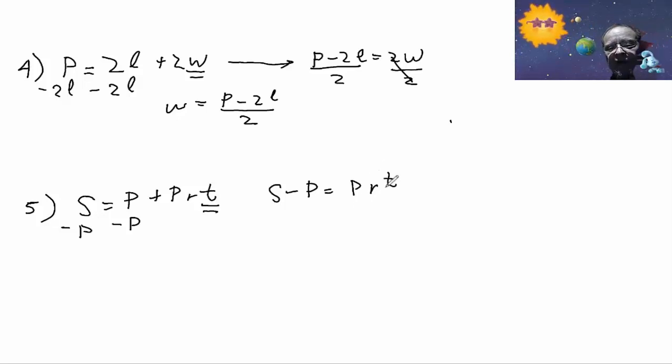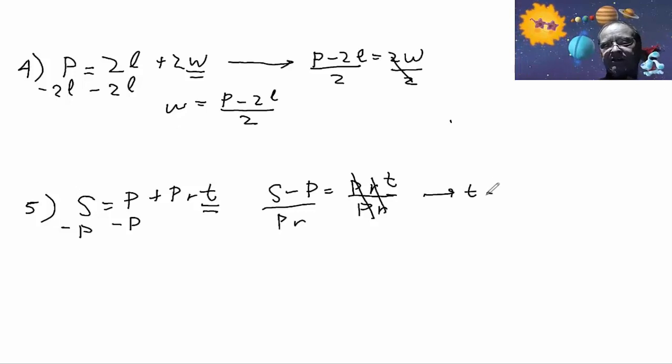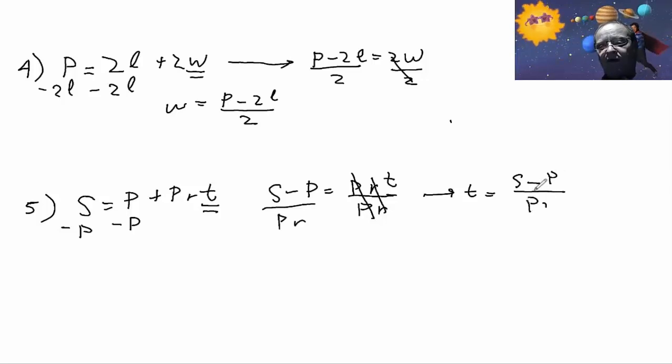And then, in order to isolate the T all alone, we can divide both sides by Pr, and there we can cancel out those two. And then we're left with T is equal to S minus P all over Pr.